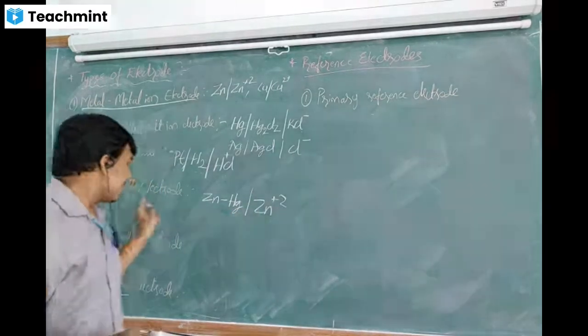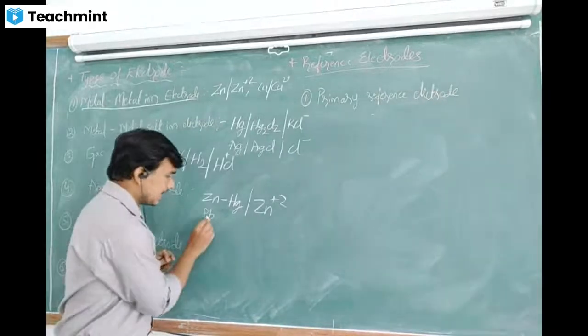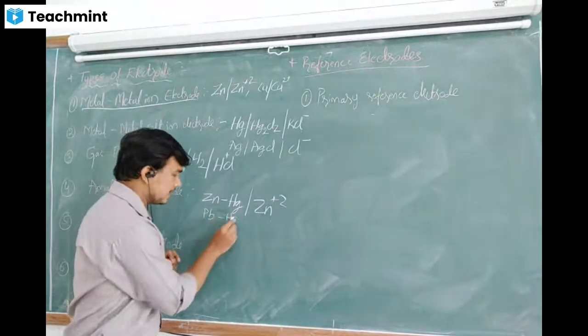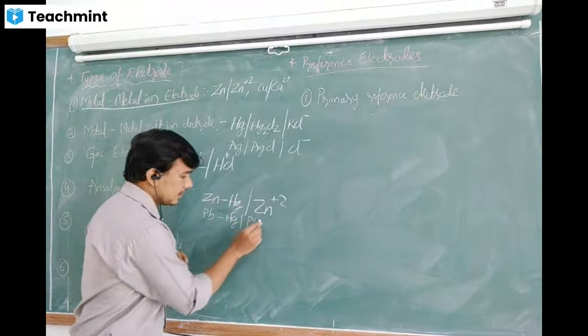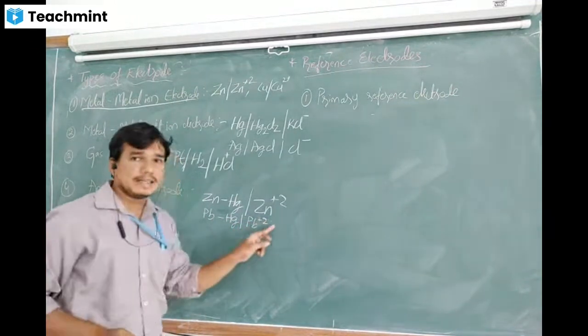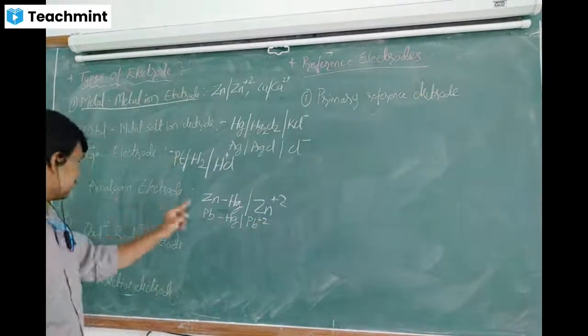For example, zinc in mercury amalgam and its own metal ions. That type of electrode is called an amalgam electrode. Say for example, lead also. Lead amalgam is dipped in its own lead ions. It is called an amalgam electrode.